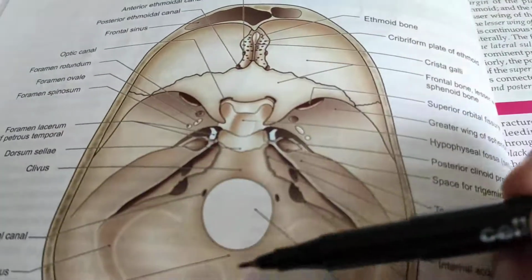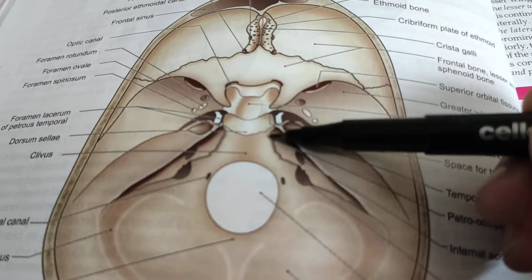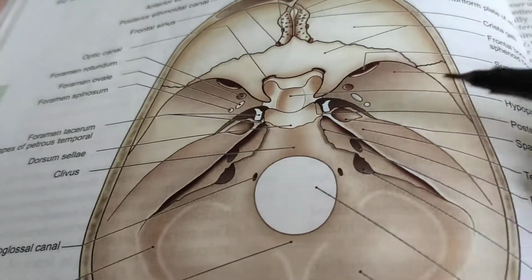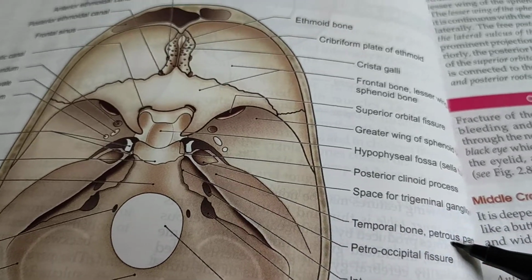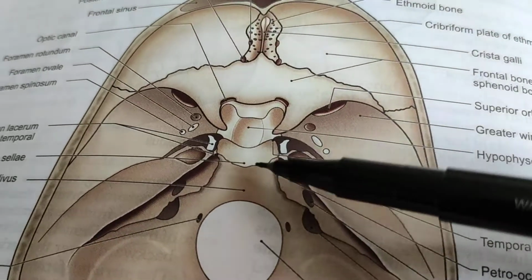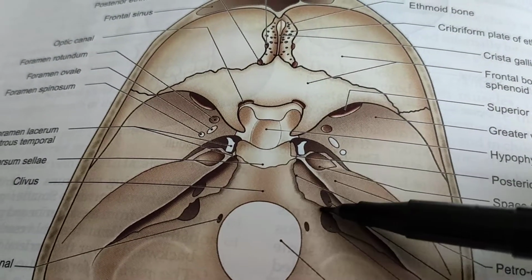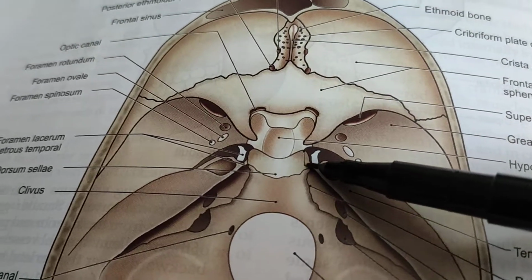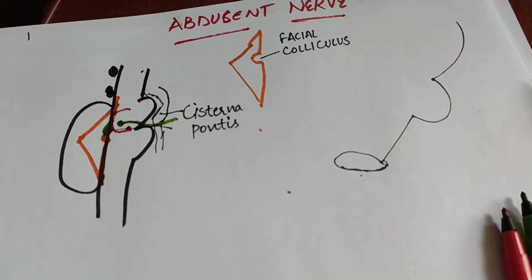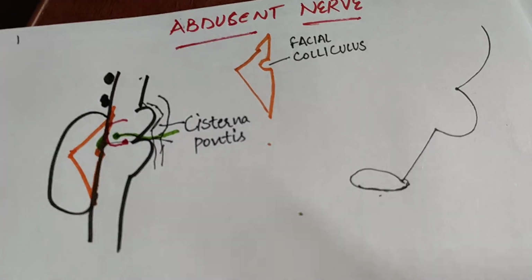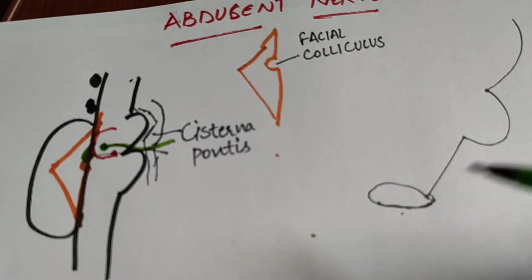From here it will move through the clivus, you can see this line, through this, which is the petrous part of the temporal bone. So it will move like this. Here the cavernous sinus is sitting. From here the sixth cranial nerve emerges.